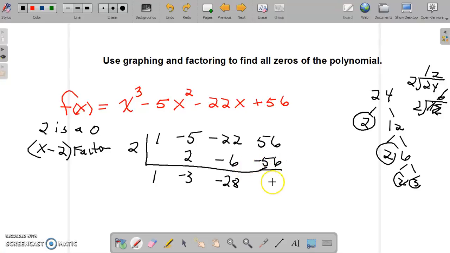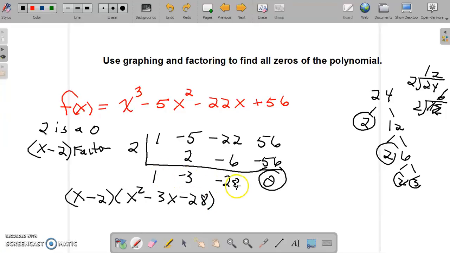Now when I add that column, I get a 0, which is what I should get, because 2 is a zero, so I should get a remainder of 0. So what I've discovered is x minus 2 is a factor from my graph. When I divide x minus 2 into this polynomial, I get x squared minus 3x minus 28, because remember, these are the coefficients of my solution to the division problem.